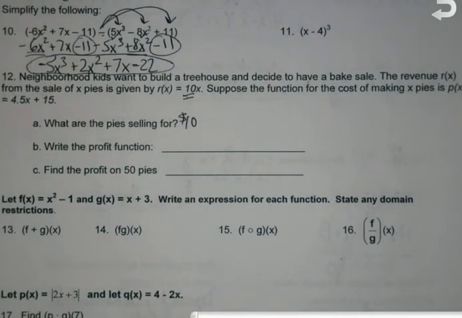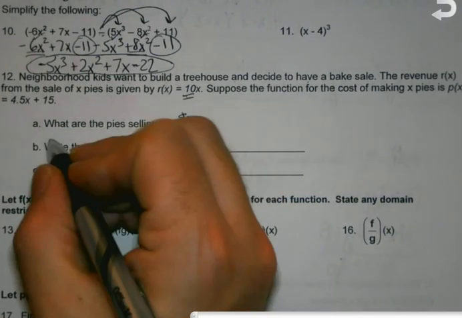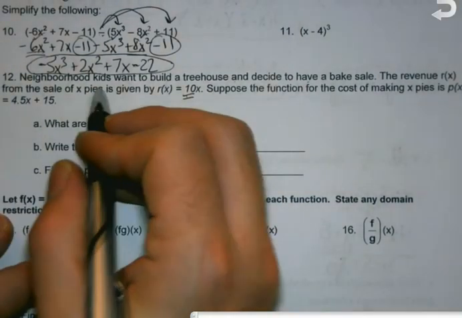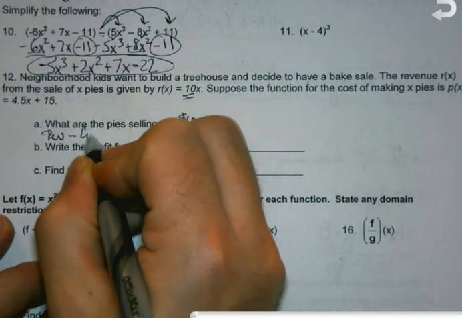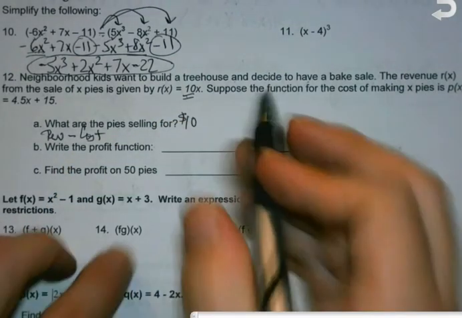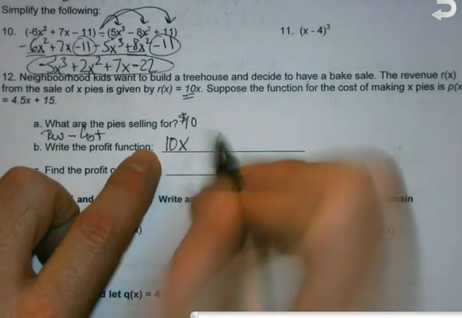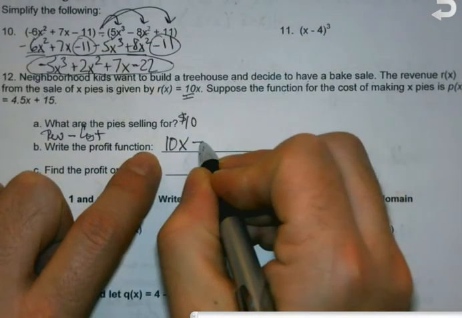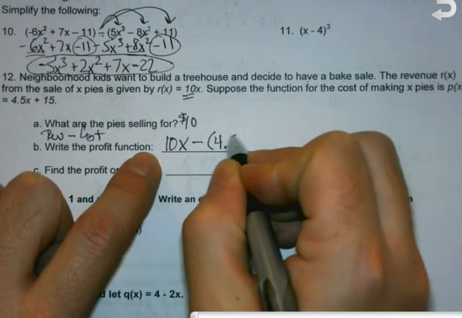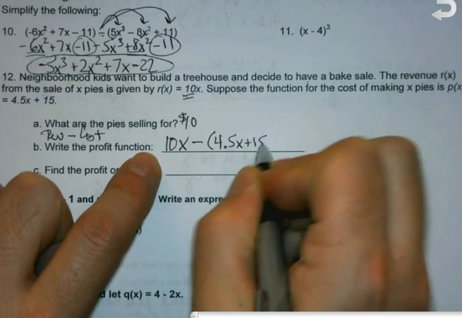Part B, your profit function is revenue minus cost. So in other words here, it's 10x, my revenue, $10 a pie, minus the cost.